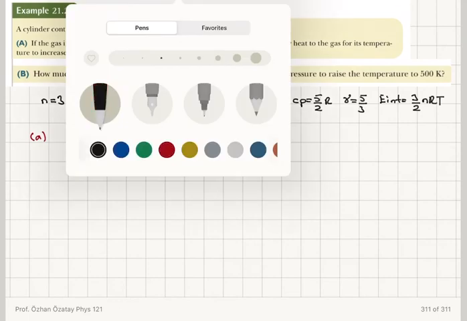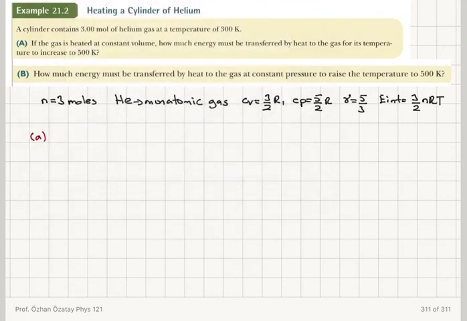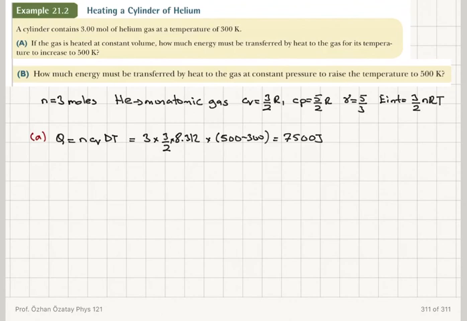So Q is equal to nCv delta T, and it's going to be 3 moles, 3/2 R, 8.312 joules per mole Kelvin, that's R, times the temperature difference, 500 minus 300 Kelvin. So this is going to be 7,500 joules.